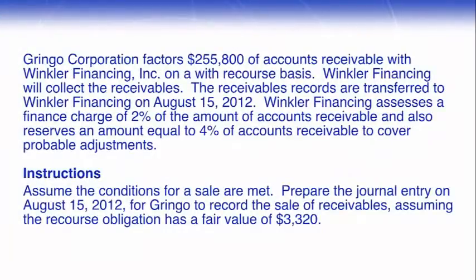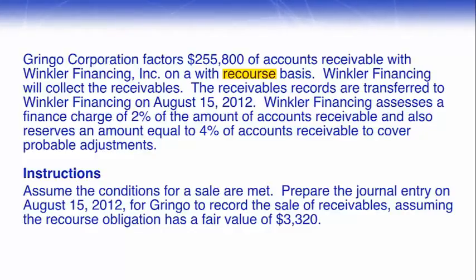To illustrate the accounting for transfer of receivables, let's take a look at the transfer from Gringo Corporation to Winkler Financing. Gringo has factored or transferred $250,800 of its accounts receivable to Winkler on a recourse basis. That's important, as we'll see when we do the entries in just a minute.